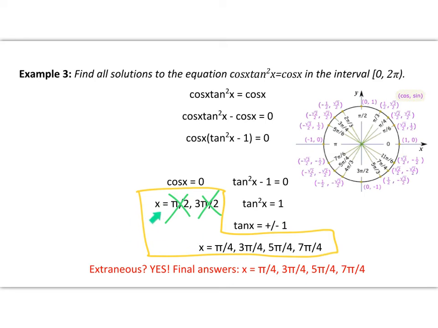It's only the pi over 2 and 3 pi over 2 that were extraneous. So my final answers are just the 4 that came from that tangent component. And the expectation in class is that we see all of this work. We see that you can identify these as extraneous and that you know these are your final answers.